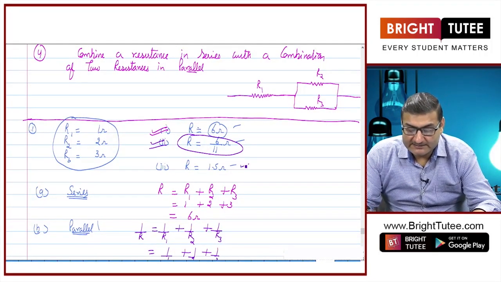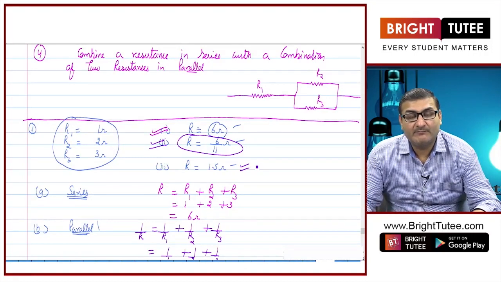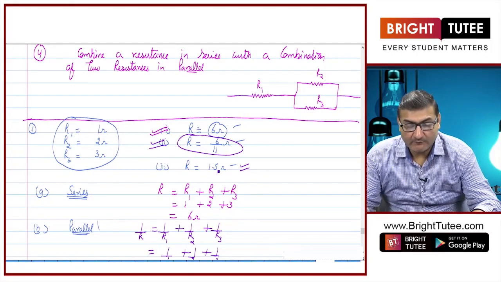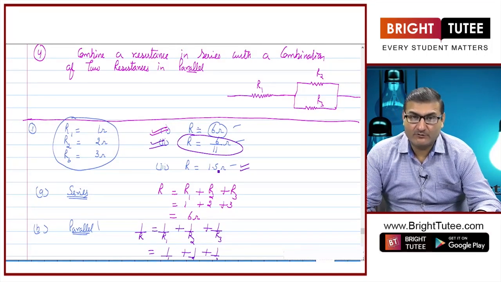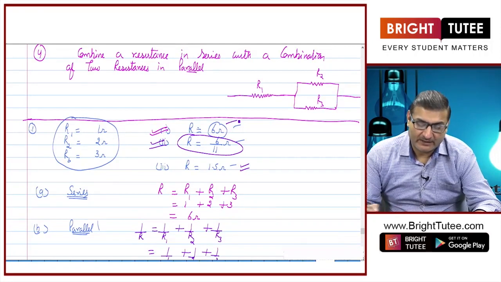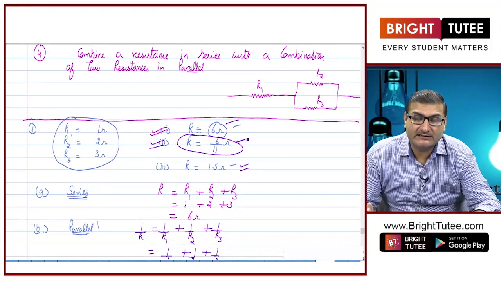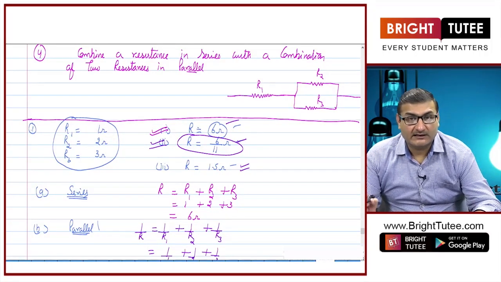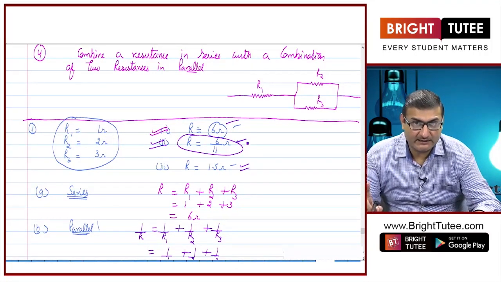Now, this is important, 1.5 ohms. Right? How will I get 1.5 ohms? If I have connected them in series, I have got 6 ohms. If I have connected them in parallel, I have got 6 by 11 ohms. The third case: now I need to see whether the criteria is getting fulfilled.